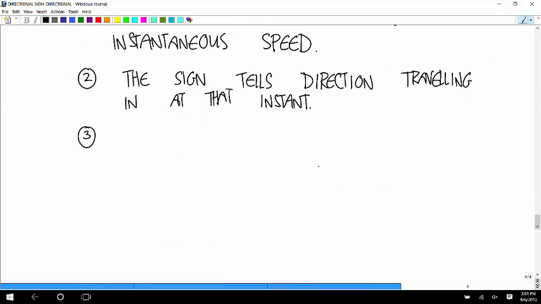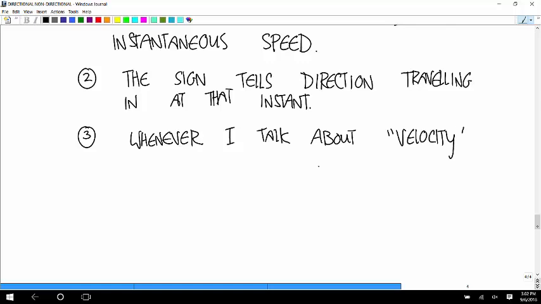And the last thing is, I'm not usually going to call it V instantaneous. I'm usually just going to call it V. So whenever I talk about velocity or lowercase v, I mean instantaneous.